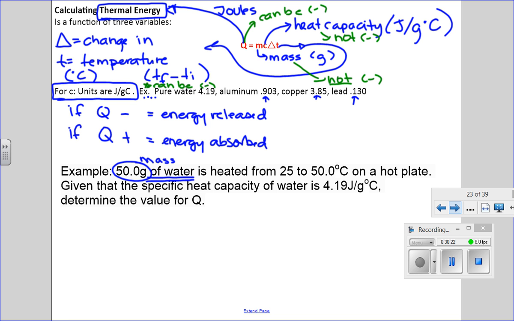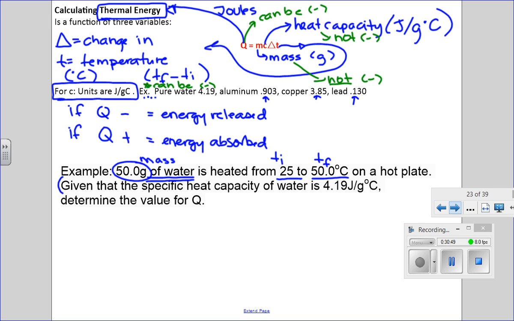A lot of the time it will be, but some of the time it won't be. It doesn't have to be water that we're talking about. So just be careful, which substance are we discussing? It's heated from 25 to 50. So that means 25 is initial temperature and 50 is final temperature.